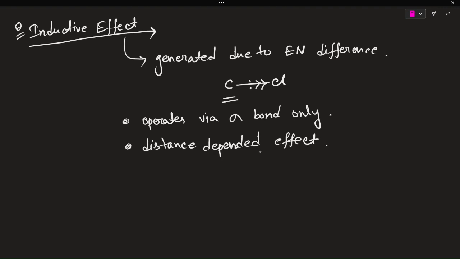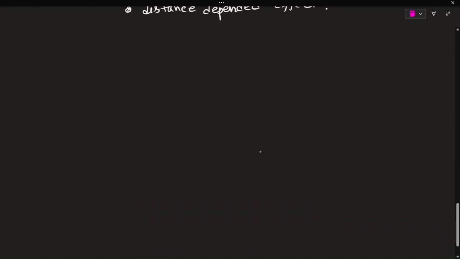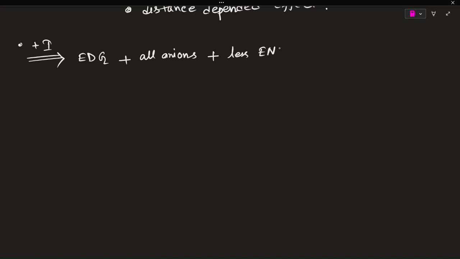Now this inductive effect is of two types, plus I and minus I. In the plus I effect, basically the electron donating groups show the plus I effect. All anions show the plus I effect, and less electronegative neutral groups show the plus I effect.